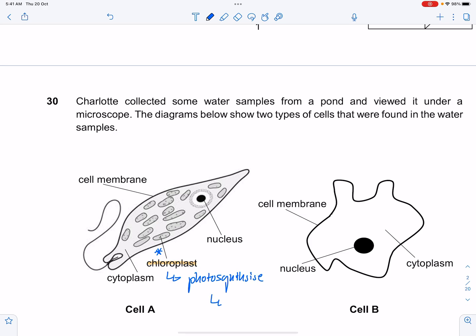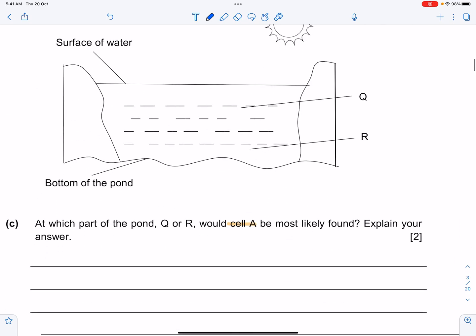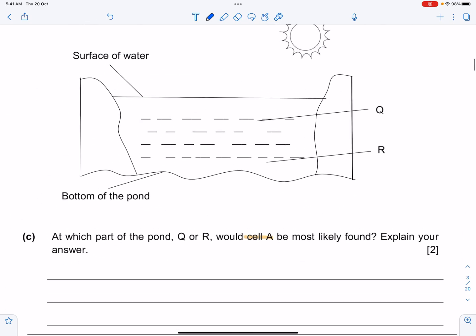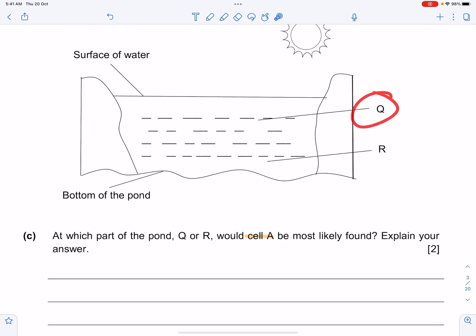Since it needs to photosynthesize, it would definitely prefer to get sunlight, or light energy, to photosynthesize. So with that in mind, my cell would rather be at Q, so that it gets more sunlight as compared to R, which is deeper down in the ocean. This is something that we already know from our daily interaction with nature, right? The deeper you go, the less light you would receive, in a pond or in an ocean.